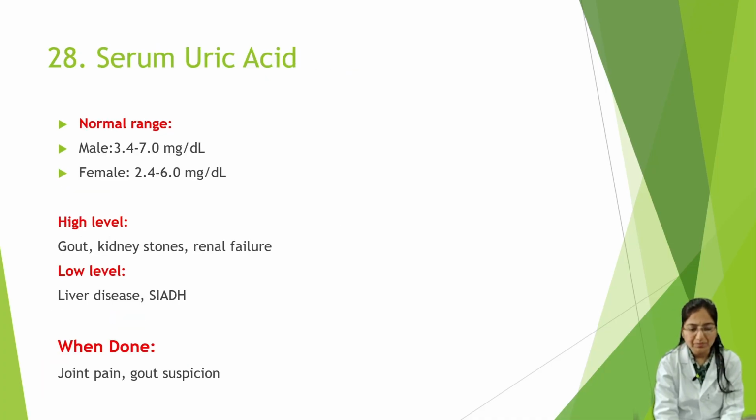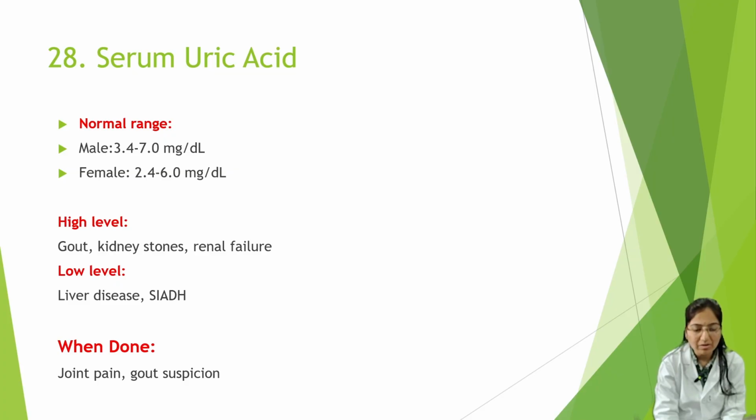Next we'll see serum uric acid. Here the normal range for male is 3.4 to 7.0 mg per dl, and for female is 2.4 to 6.0 mg per dl. If this level is increased, we can see gout, kidney stones, and renal failure.